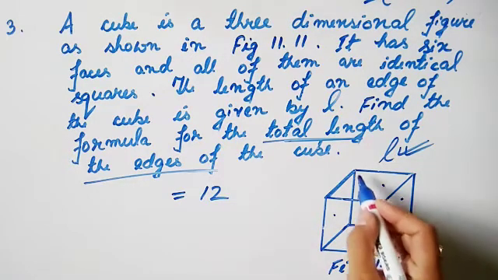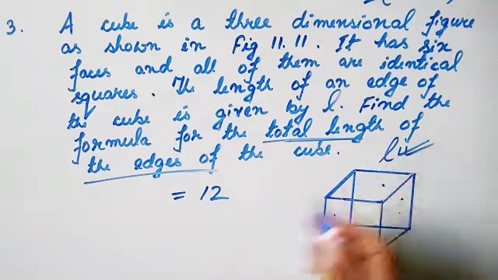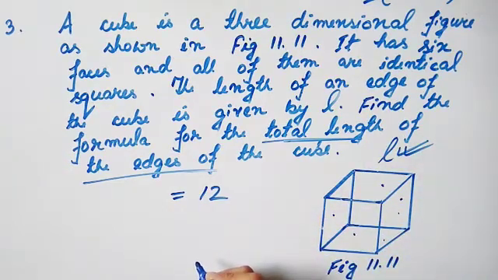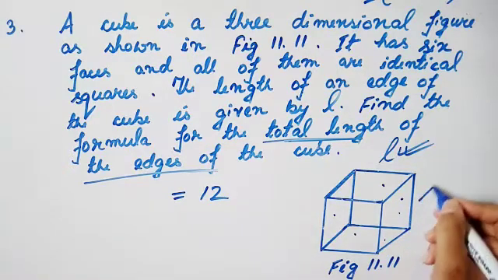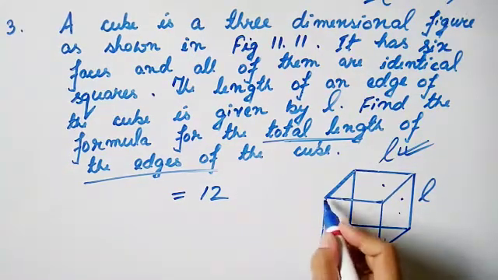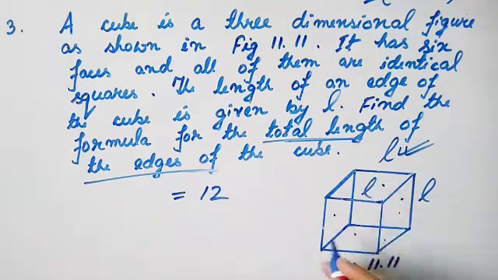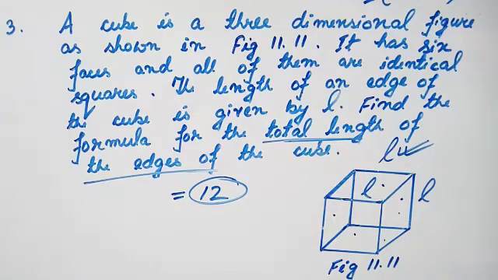Understood? And the length of one edge of the cube is L. So the length of this edge of this cube will also be L, and the length of this edge will also be L. So all the 12 edges, their particular length will all be L.